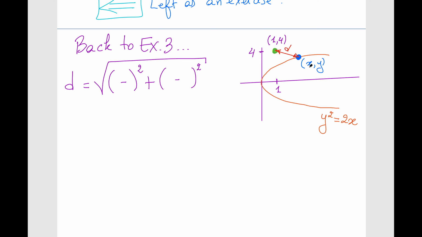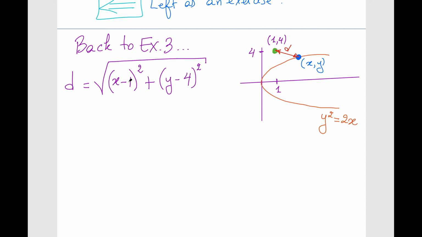So the first coordinate of the first point is x, the second is 1, so that gives x minus 1. And the second entity is the difference of the second coordinates, so y and 4 in this case. Correct?